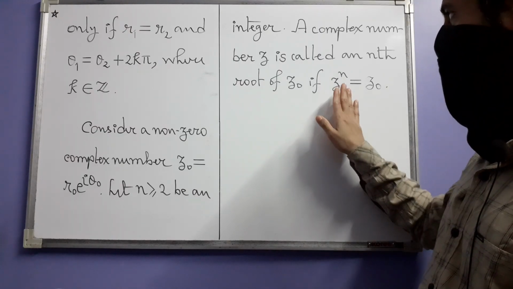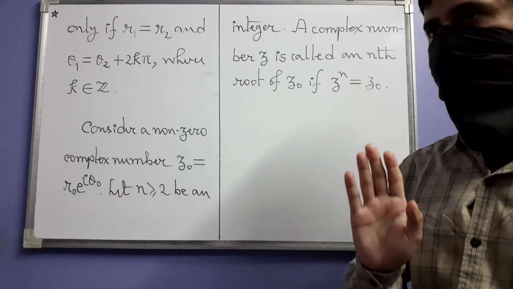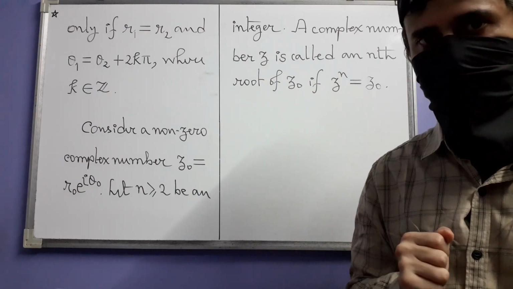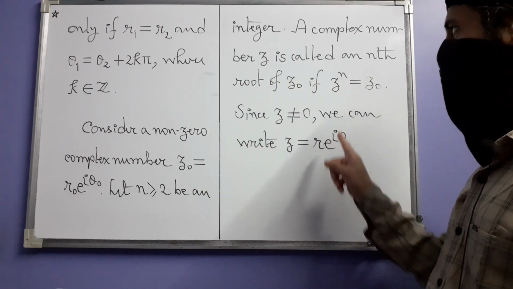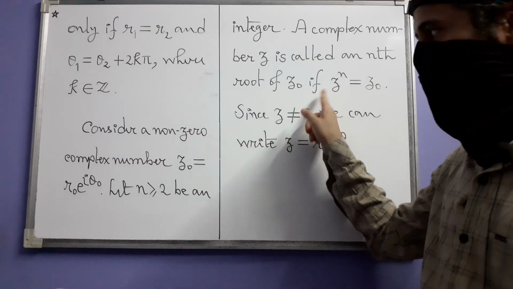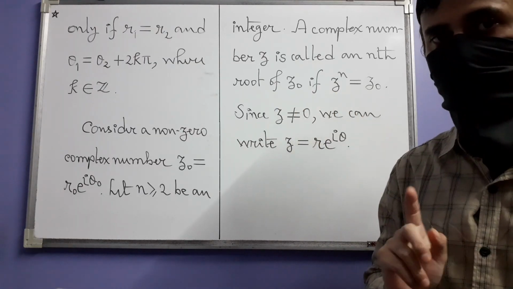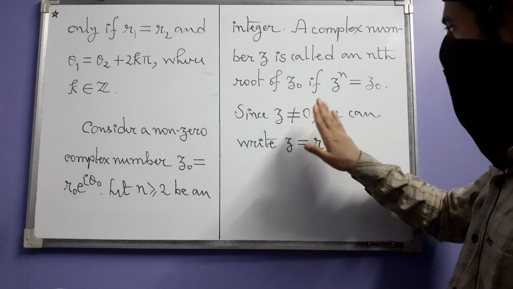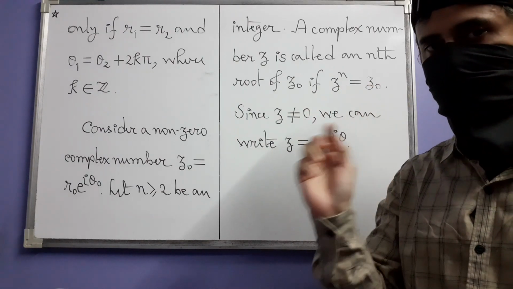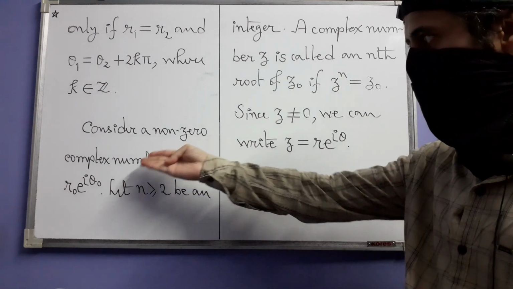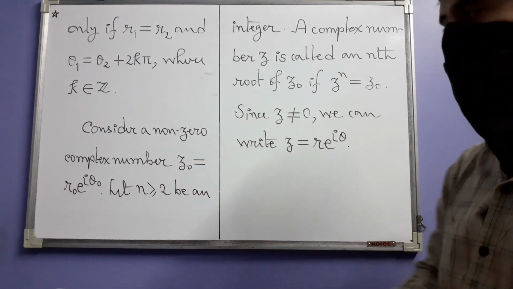Now we will try to find all such nth roots of a given non-zero complex number z0. The first thing you note here about such a complex number z is that it needs to be non-zero. Why? Because if z is 0 and still this equation is true, then z0 becomes 0, but z0 is given to be non-zero. That's why.